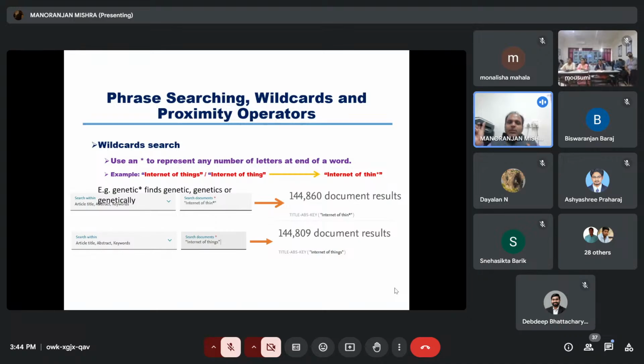When I put Internet of Thing with the star, it is 144,860. When I put Internet of Things as a single phrase, you can see 809. What I am trying to say is, wildcard means sometimes there may be common word variants being used. When I put thing with a star, it will consider all these words in the search.